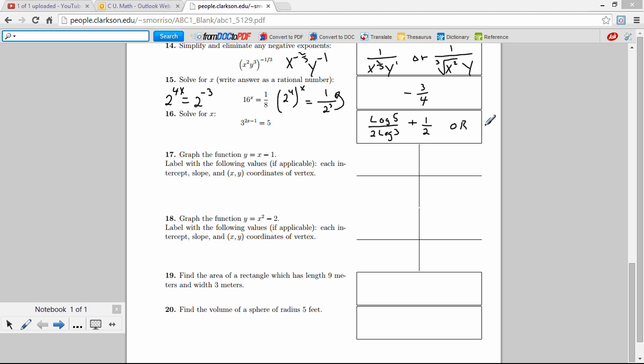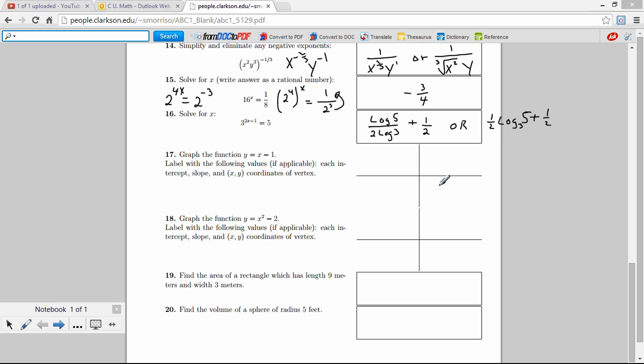Or you could have had this thing written as 1/2 log base 3 of 5 plus 1/2. And there are other variations you might have had because they both have a 1/2. You could have the 1/2 out in front or something like that. So those are the two most likely answers, I think.